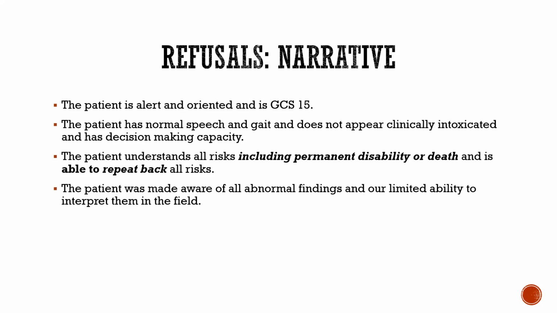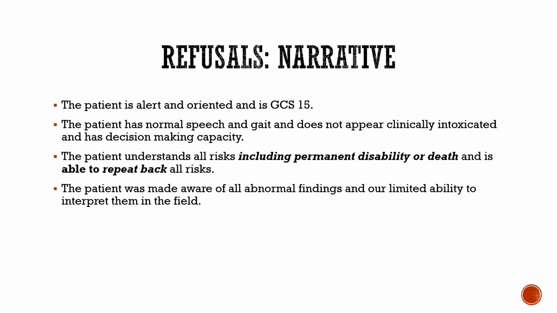Next, the patient was made aware of all abnormal findings and our limited ability to interpret them in the field. That includes all abnormal findings: the high heart rate, the low heart rate, the low BP, the high BP, the high blood glucose, that right bundle branch block, that first degree AV block, because when the patient's making decisions about their medical care, it's really imperative that they make the most informed decision possible.